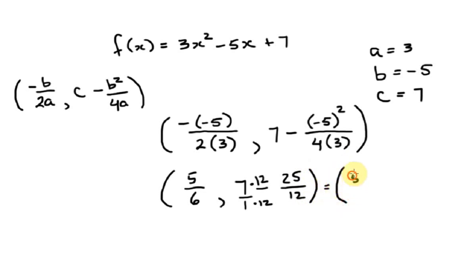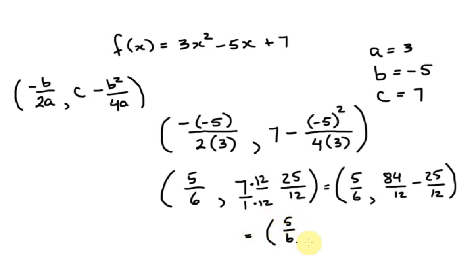We got 5/6, comma, and then here it looks like 84 over 12 minus 25 over 12. And of course now we can combine those for our final answer. The vertex is at 5 over 6, and then 84 take away 25 is 59/12.